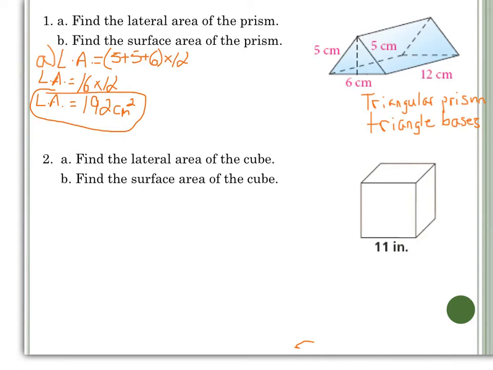And then to find the surface area, so part B, we'll take our lateral area, which we just found to be 192, plus 2 times capital B. Remember, capital B is the area of our bases, which in this case they're triangles.